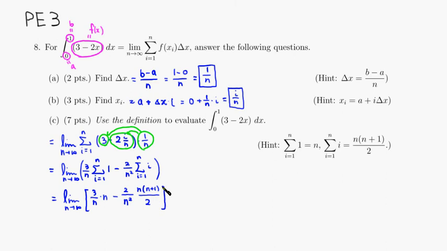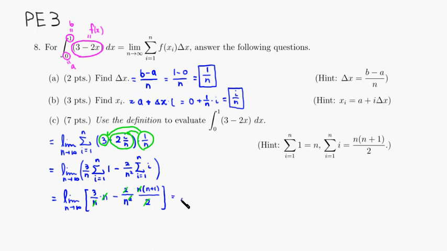Then we can simplify quite a bit. You have n on top and n on the bottom, 2 on top and 2 on the bottom, and n on top and n on the bottom.